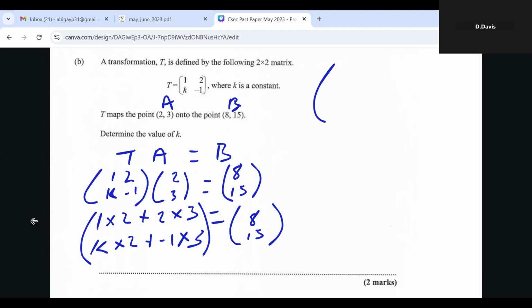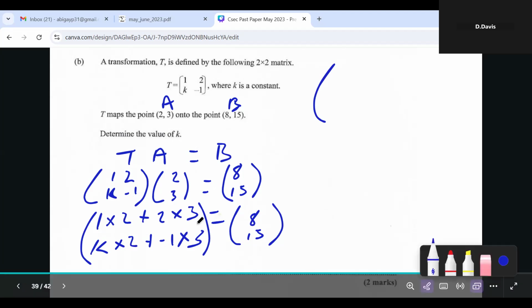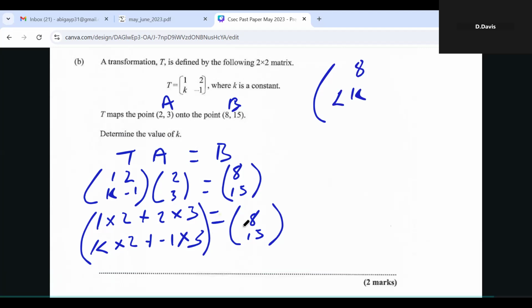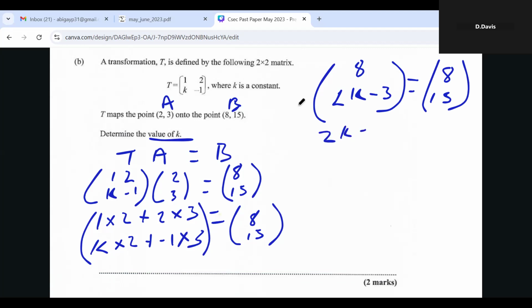And then we're going to multiply each row. The top row is going to equal 8. The bottom row is going to equal 2k minus 3. And all of that's going to equal 8 over 15. Remember we're trying to find the value of k. So right here, we can say 2k minus 3 equals 15.